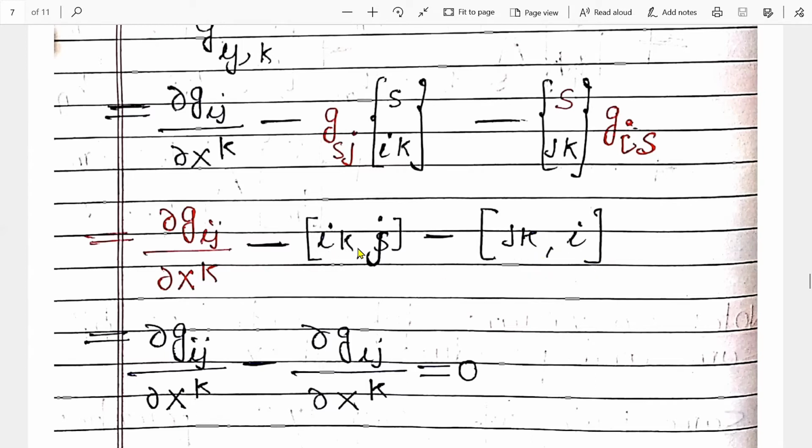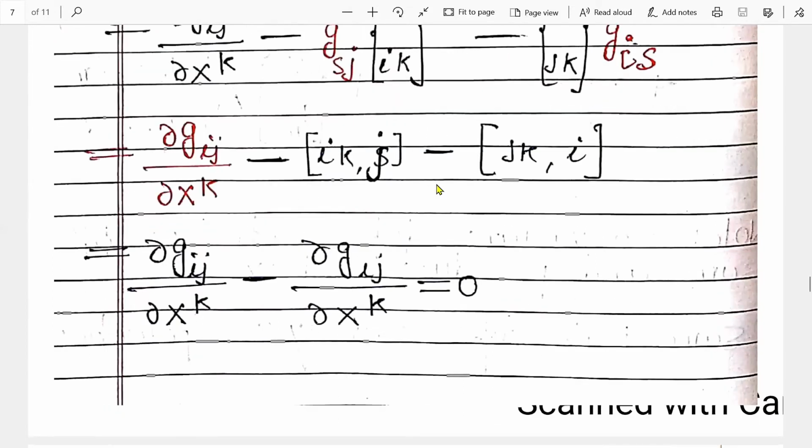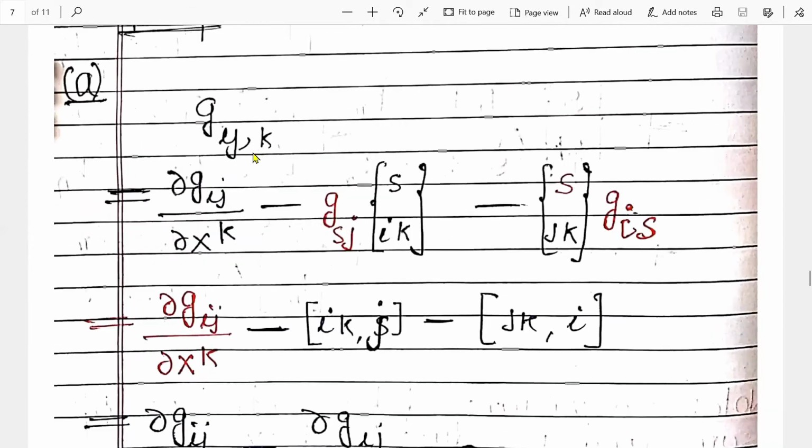So [jk,i], [ik,j], right? Again, we know the sum of these two values. Otherwise we can substitute the value of this. So we get this value, ∂gij/∂xk. So this is ∂gij/∂xk. So the total difference is 0. So that is the result of the first part.